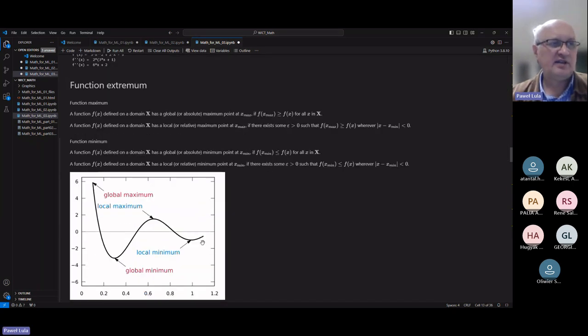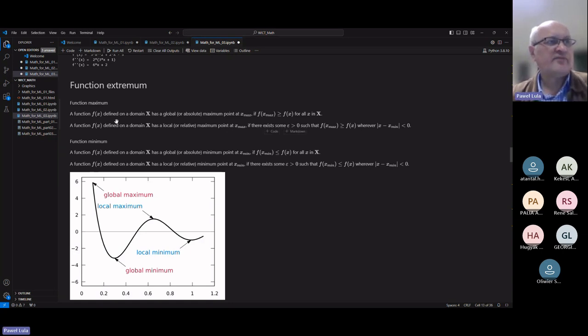And we have here a presentation of two concepts: local and global minimum or local or global maximum. So extremum values can have local or global character.